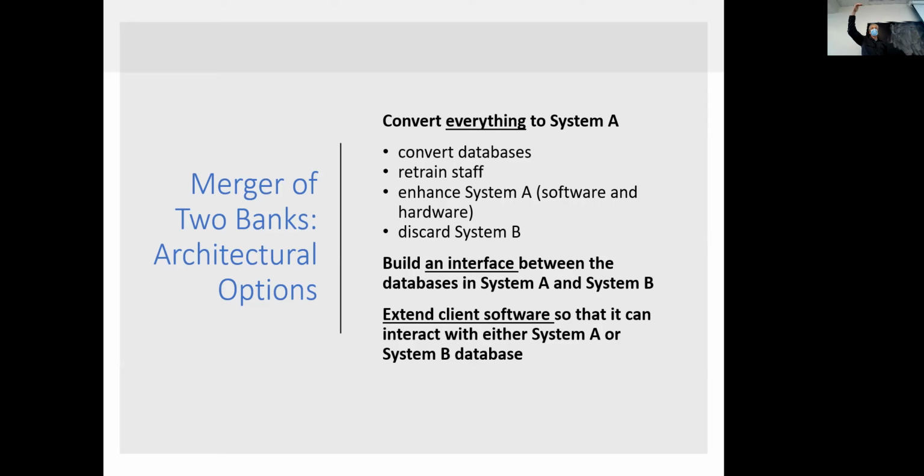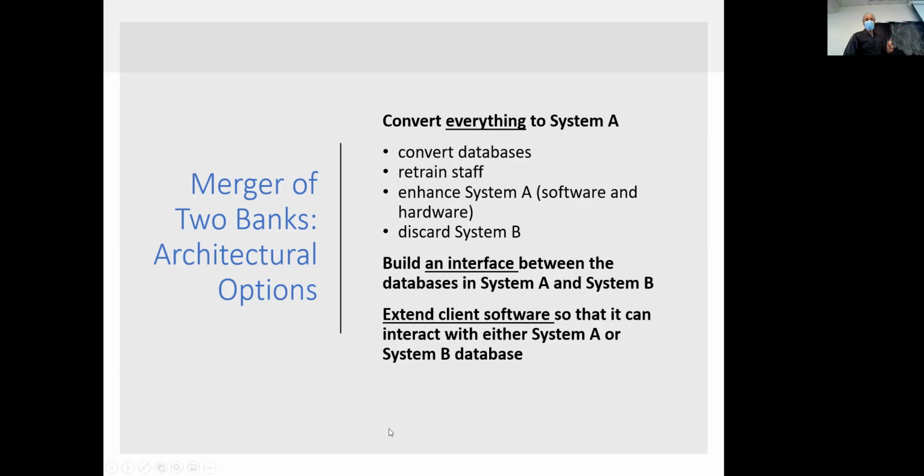By creating a common interface, you basically create a wrapper around both systems, right? For the user interface, and from a user perspective, they can now access the mortgage and the brokerage account. But internally, the transfer between accounts would still not be easy because the databases would not be connected.